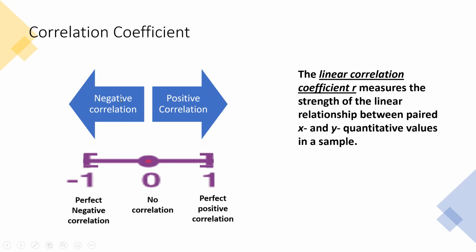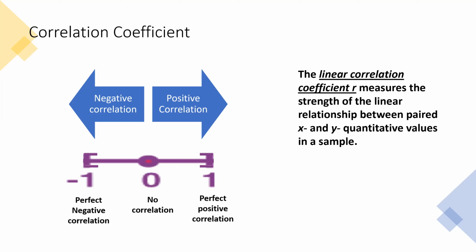The correlation coefficient ranges in values from -1 to +1, with 0 representing no correlation whatsoever. -1 represents a perfect negative correlation, and +1 represents a perfect positive correlation.